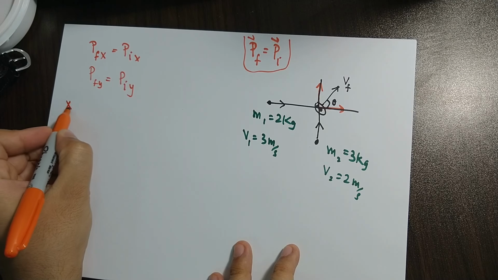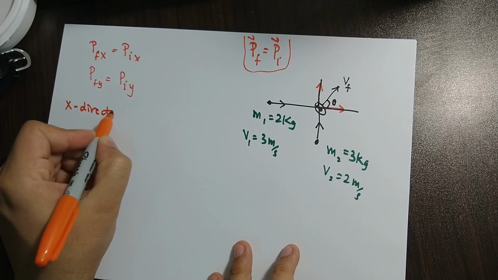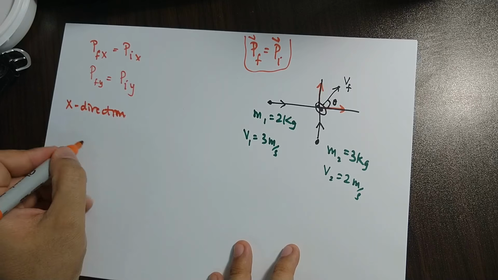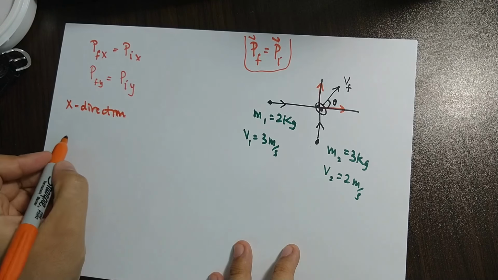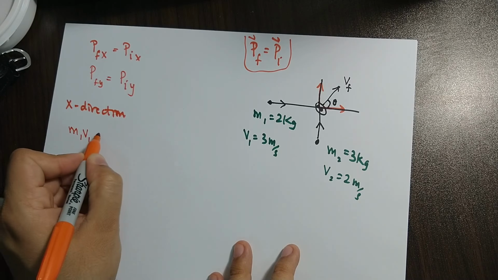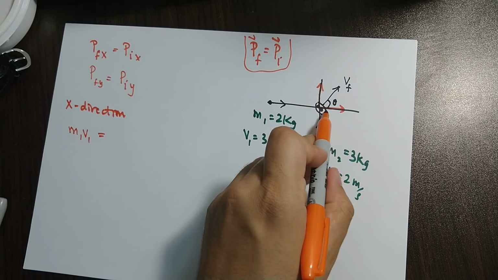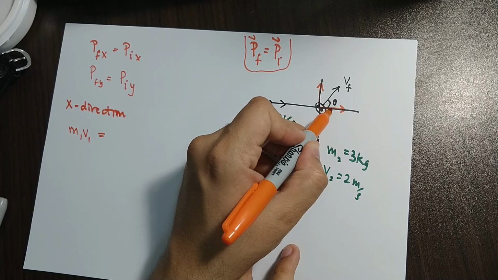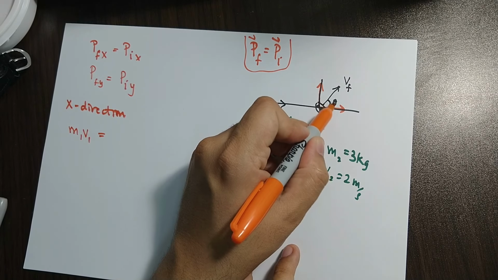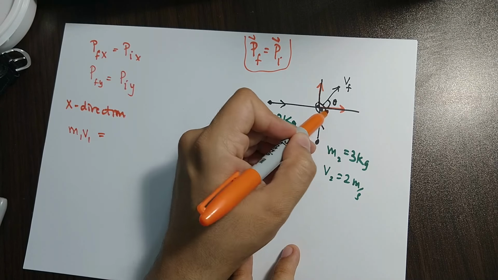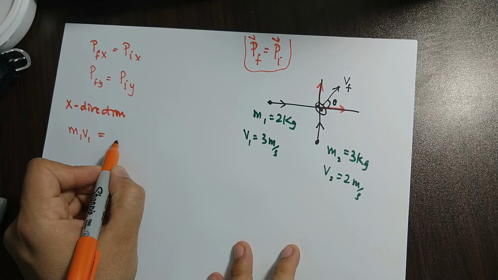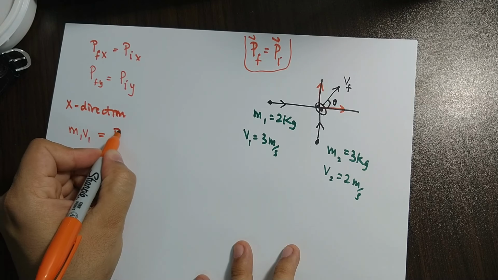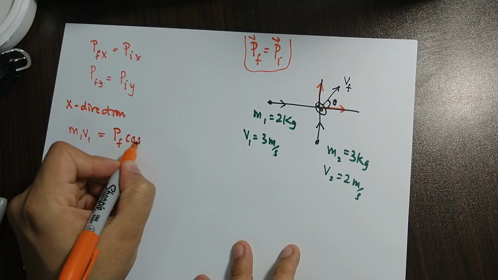So let's apply conservation of momentum. For the x direction, the initial momentum in the x direction is what? It's the product of this, so you get m1 v1 is equal to the x component of the final momentum. The side closer to the angle has a cosine theta, so I'm going to write it as P final cosine theta.